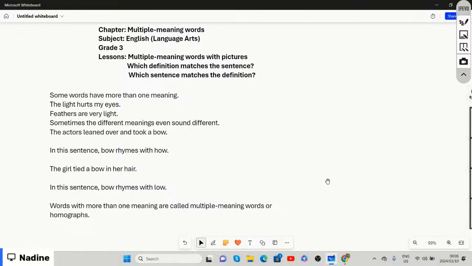And the lessons that we are going to be focusing on under this chapter are multiple meaning words with pictures, which definition matches the sentence, and which sentence matches the definition. So that is going to be our lessons for today.